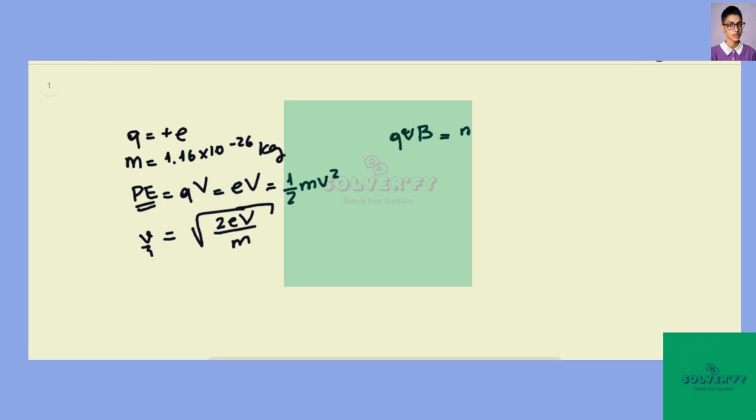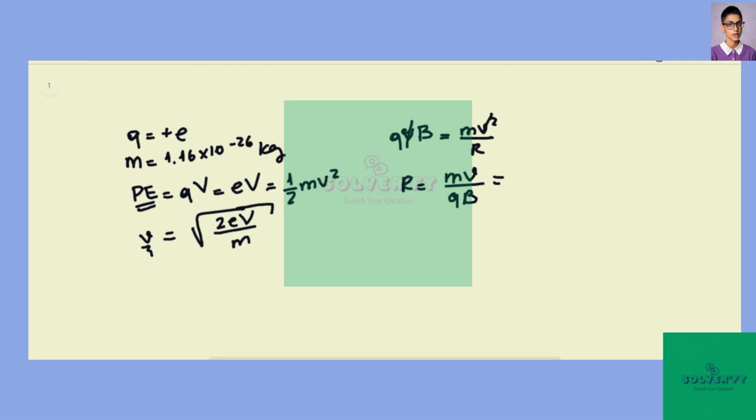So this is going to be equal to mv squared over r, r being the radius of the circular path, and this is exactly what we're looking for. So if we isolate r out of this equation, we have m times v over q times B, our q being positive e, and our velocity being the square root of 2eV over m.